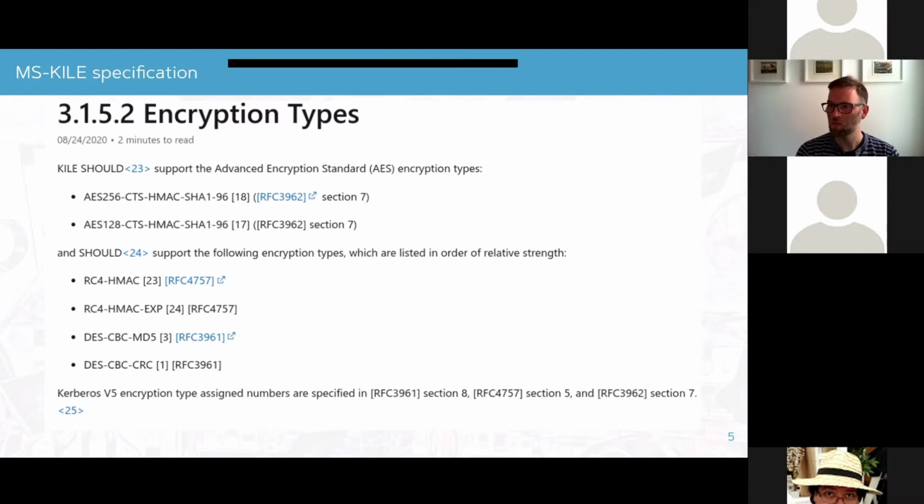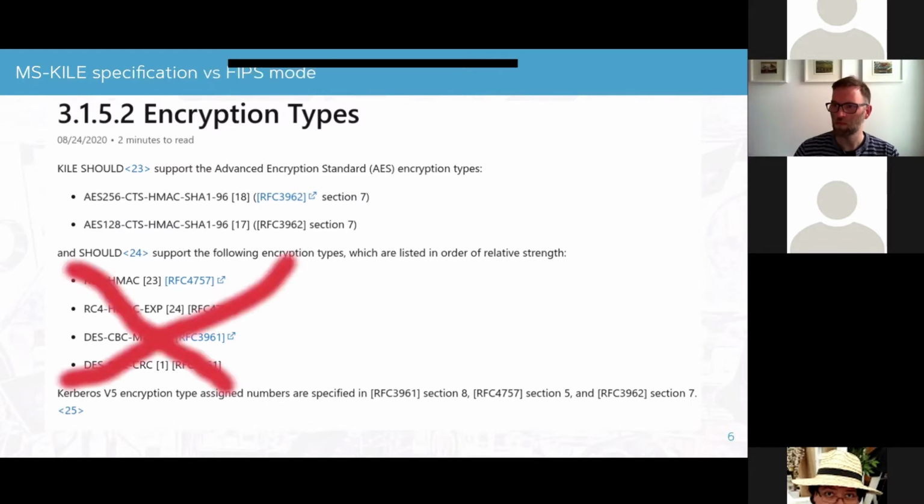The two at the top, the AES-based ones, fit into the FIPS requirements, but the 4 at the bottom cannot be used in FIPS mode.